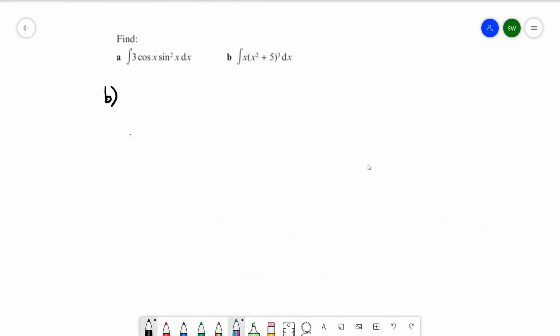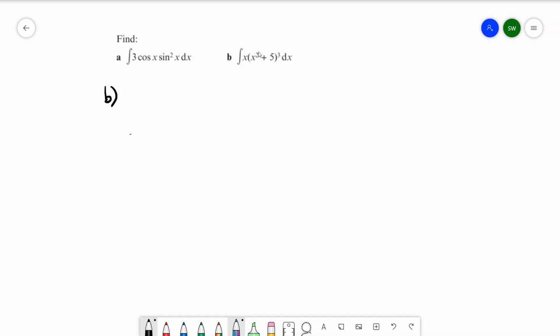For b, we're going to do exactly the same thing. We're going to try and spot what u could be equal to, so that the derivative of u is going to cancel with something and make it simpler. So I've spotted that the derivative of x squared plus 5 is 2x, and that will cancel with that x there. In general, what you want to do is let u be the inside of one of the functions.